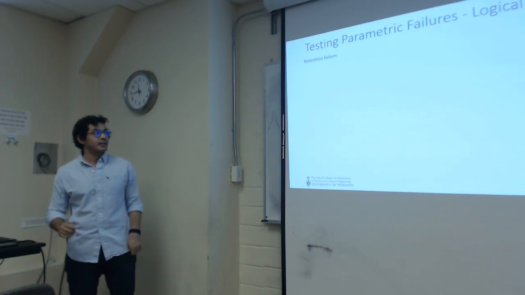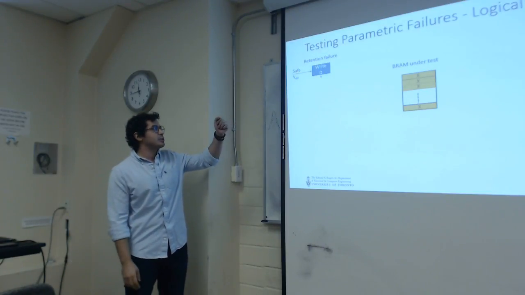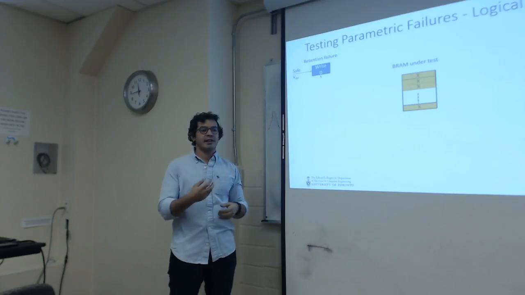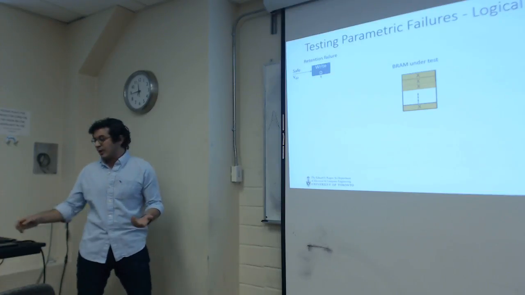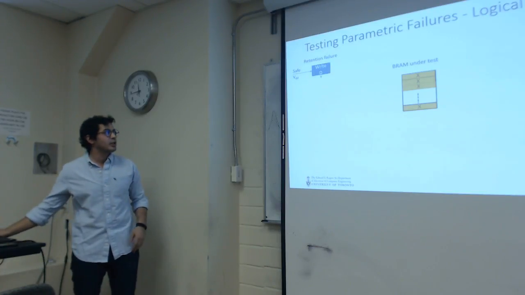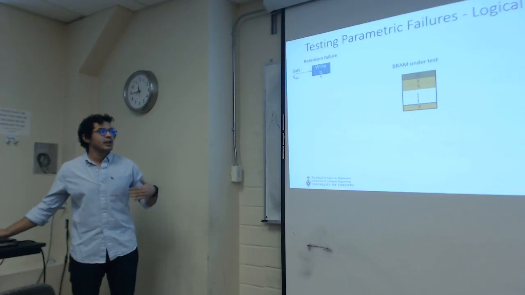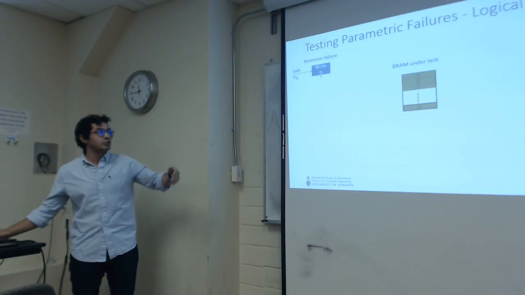Okay, so now let's see how we test the parametric failures. Starting with the retention failure, because it's simple to explain. Remember, retention failure is when you reduce the supply voltage too much that the cell can no longer retain its value, and it just flips without any read or write. So what we do to test this type of failure is we write a specific data word in every cell of the used BRAM.